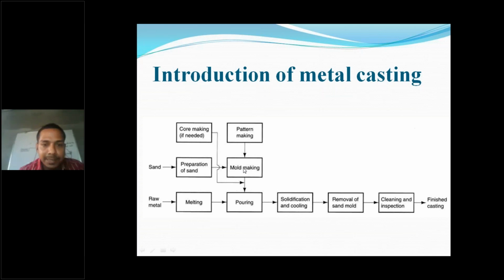First, it is required to prepare the mold. Generally we follow some specified steps to make any product by the casting process. The first one is making the mold. For making the mold, it is required to first prepare the pattern.